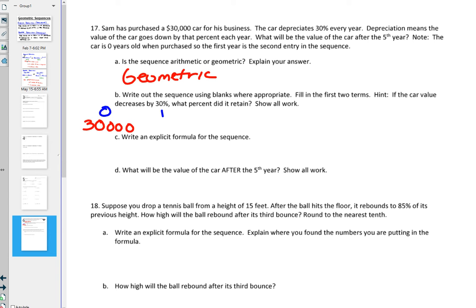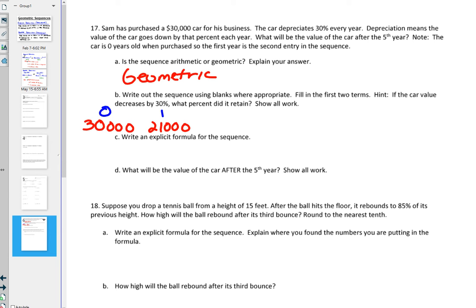So somebody put it in the calculator. I'll do it myself also. $30,000 times 0.7. I'm getting 21,000. So after 1 year, it's going to be worth 21,000. Somebody asked, it would have lost $9,000.